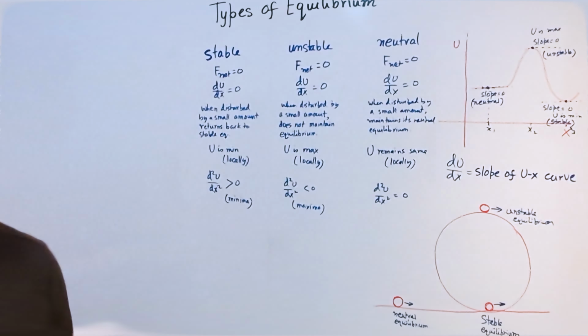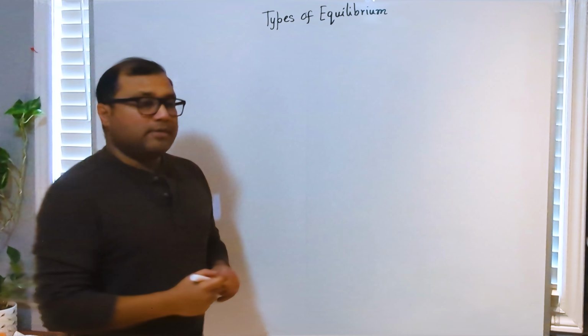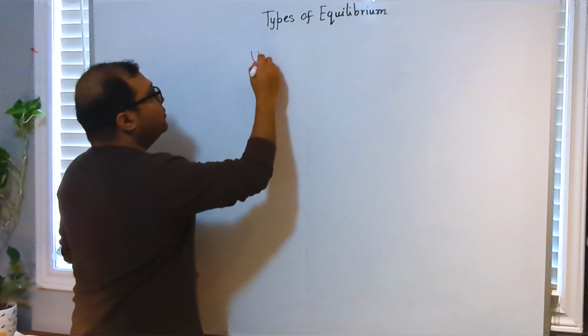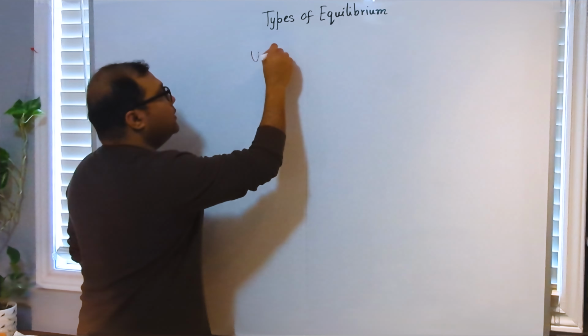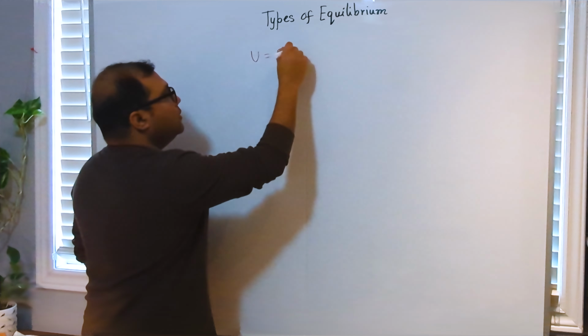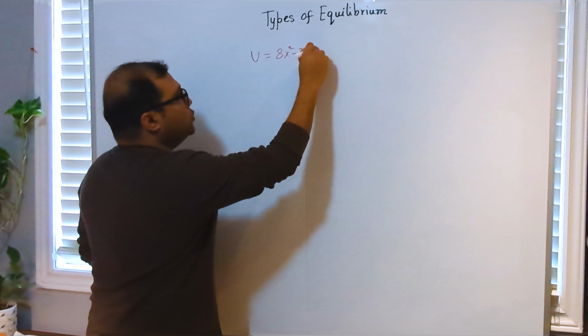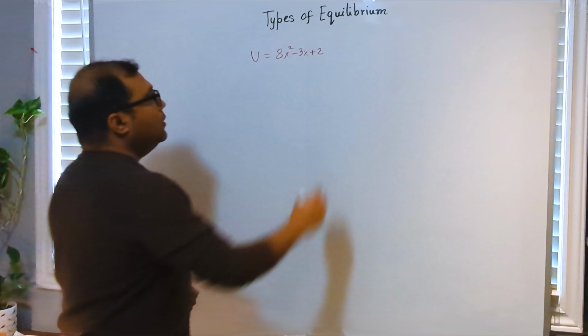Okay? Okay, now let's look at some examples. Let's say we have a field whose potential is given as 8x square minus 3x plus 2. Okay?